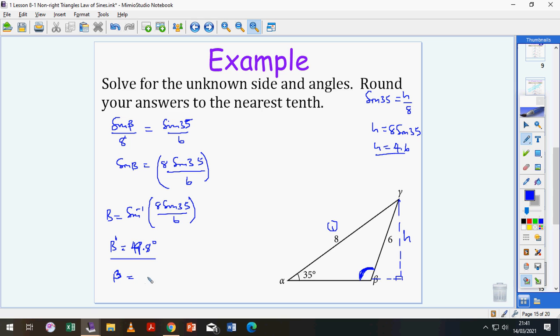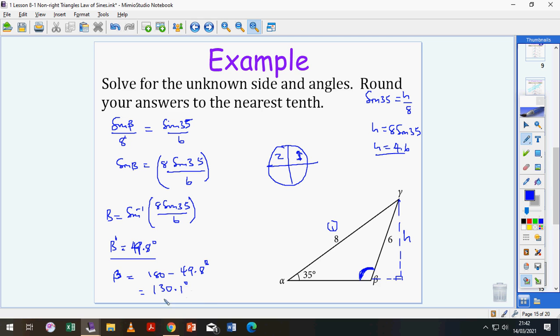Because sine is positive in the first and second quadrants, and the angles in those quadrants have the same ratios. So I just need to look for the angle in the second quadrant that will have the same ratio as 49 degrees, and that is 130.1 degrees. So this beta is 130.1 degrees.